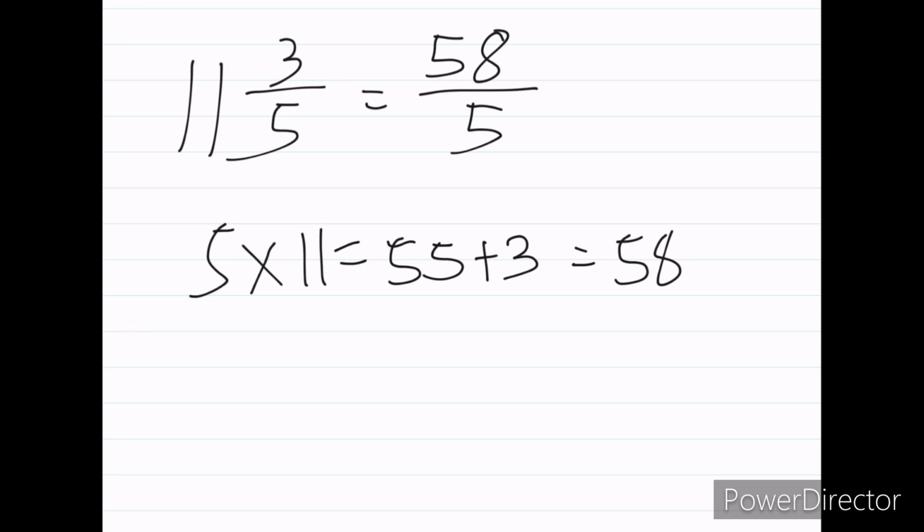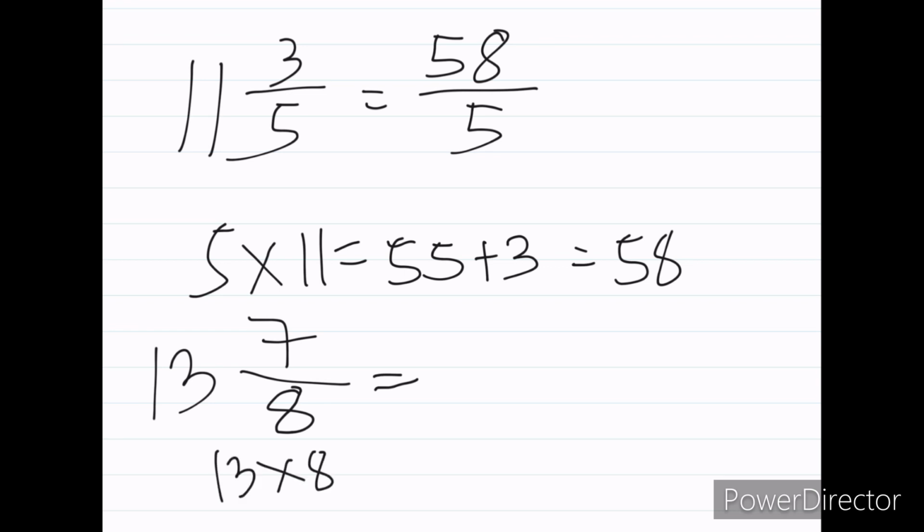Next, last example. How about 13 and 7 over 8? Okay. So again, the same steps or the same process. 8 times 13 is 13 times 8.